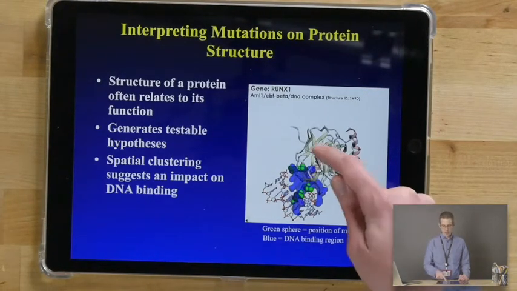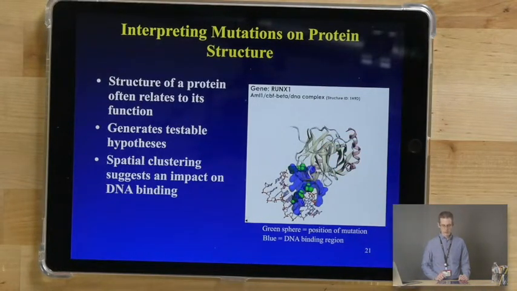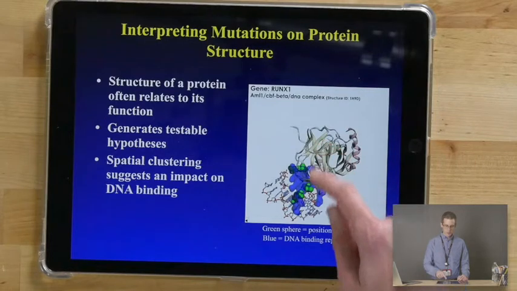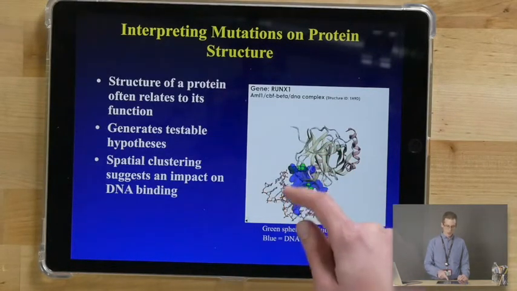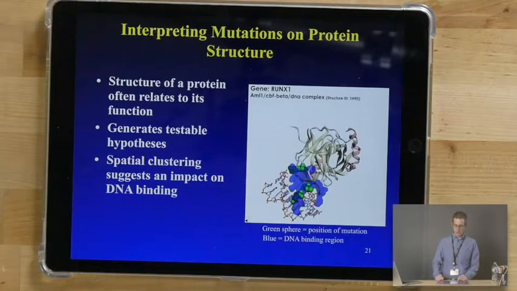You can see this by the ribbon diagram of the protein RUNX1. You can think of proteins as molecular machines that often rely on shape to perform their function. Here this protein is binding DNA because its shape perfectly matches the DNA which it's supposed to bind to.